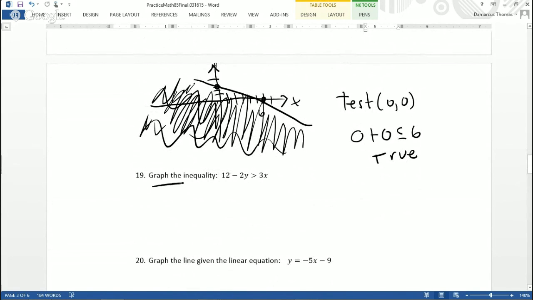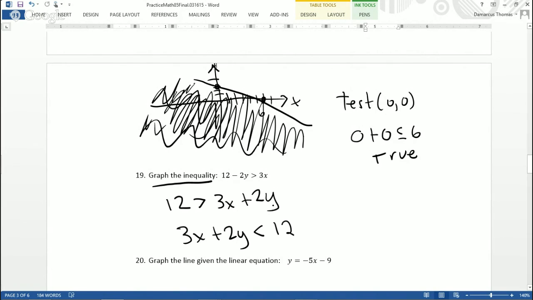We have another example, graph the inequality. So right now the inequality is not in slope-intercept form, nor is it in standard form. So what I'm going to do is add 2y to both sides. I'm going to put it in standard form. I get 3x plus 2y. And if I just switch it around, that's the same as saying 3x plus 2y is less than 12.